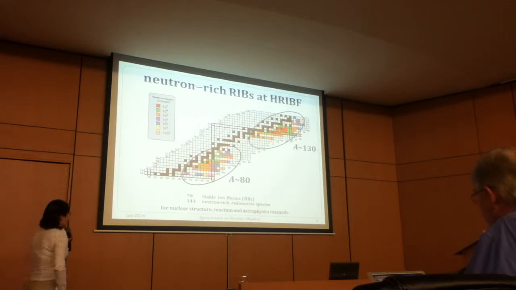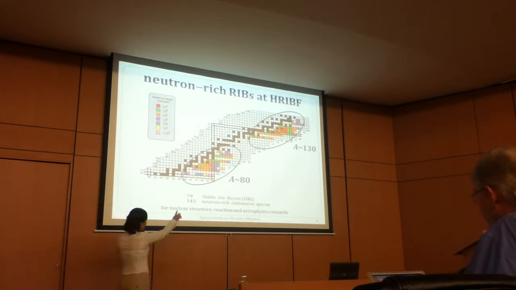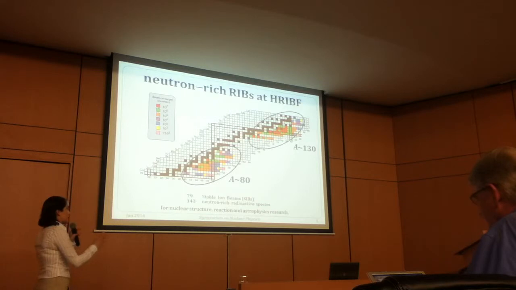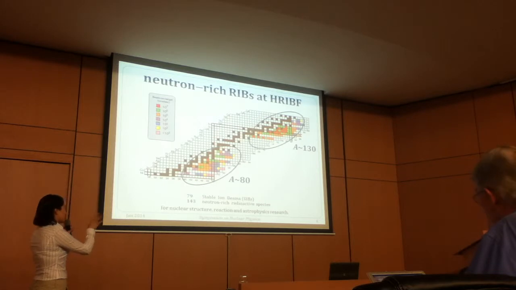And here you can see the neutron closed shells N=50 and N=82. And you can see why the gamma ray spectroscopy programs were mainly focused on investigating nuclei around these regions.